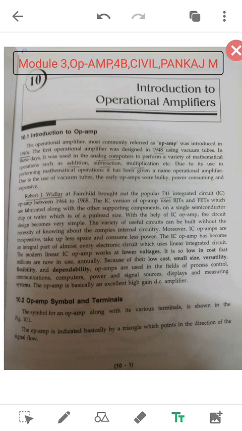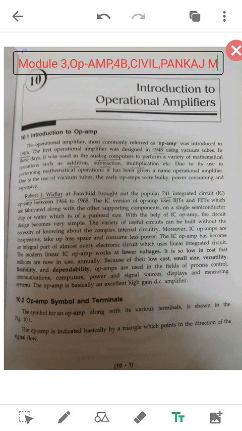Fairchild is the name of the company where the scientist named Robert invented the first semiconductor based IC in 1968, and he named that IC 741. 741 is the name of the IC.